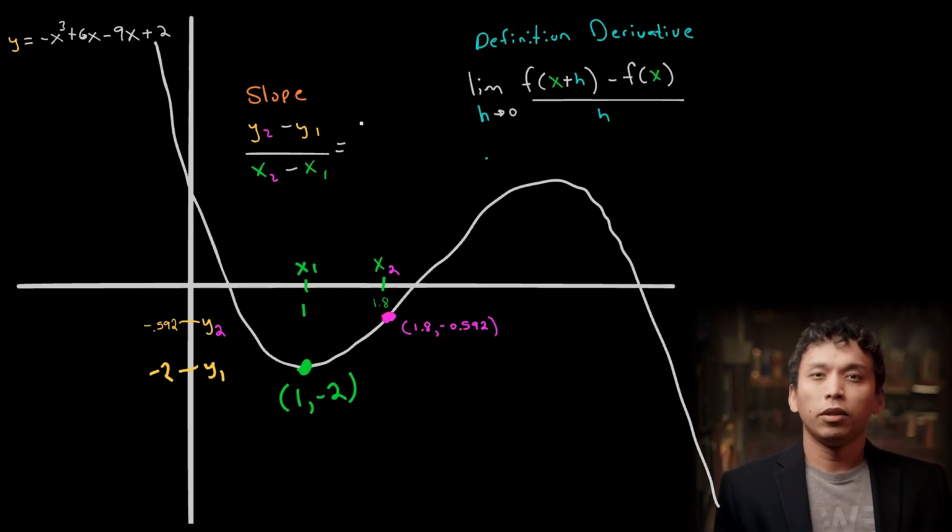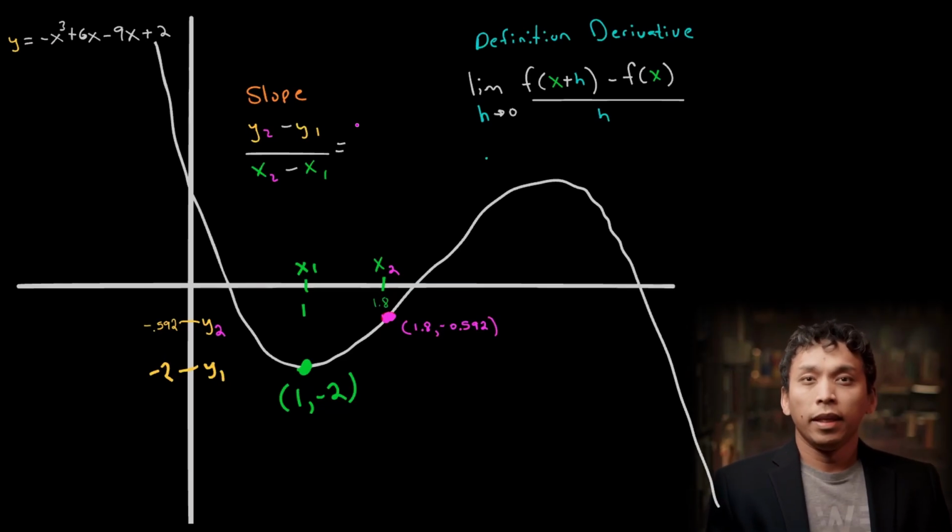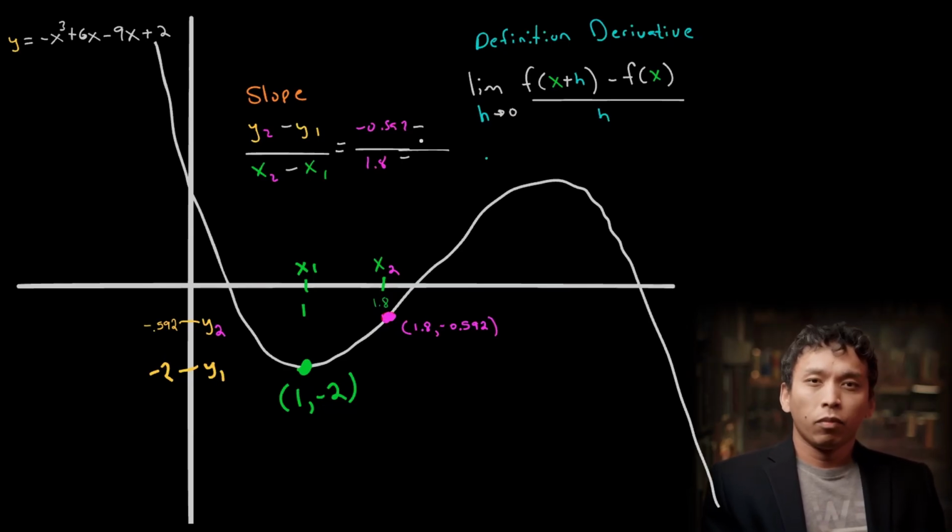So for y2, I'm going to put on the top here negative 0.592, and for x2, it's going to be 1.8. And I'm going to subtract from both of these the y1 and x1. In our case, y1 is negative 2, and our x1 is just 1.